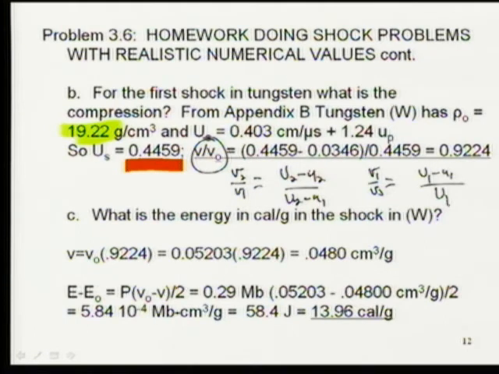So you have both of these. And if you multiply this by this, you get V2 over V naught. So you just can substitute in and do that.